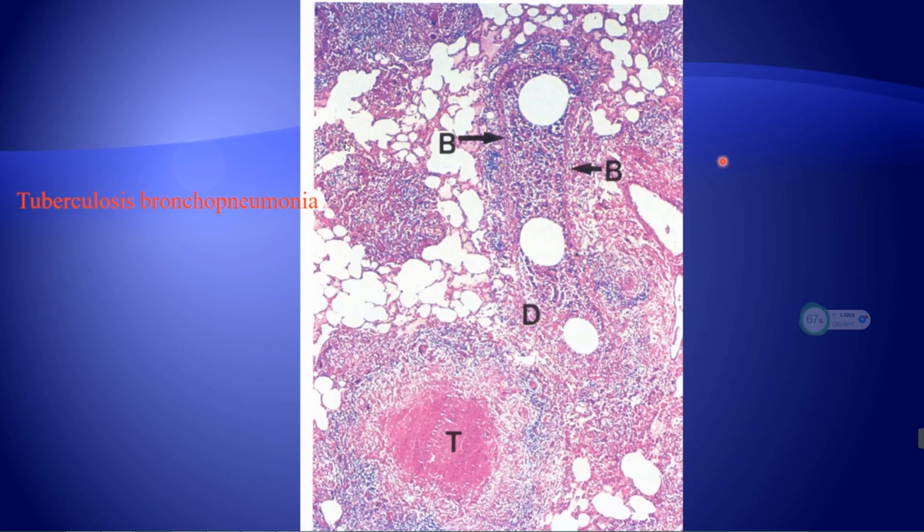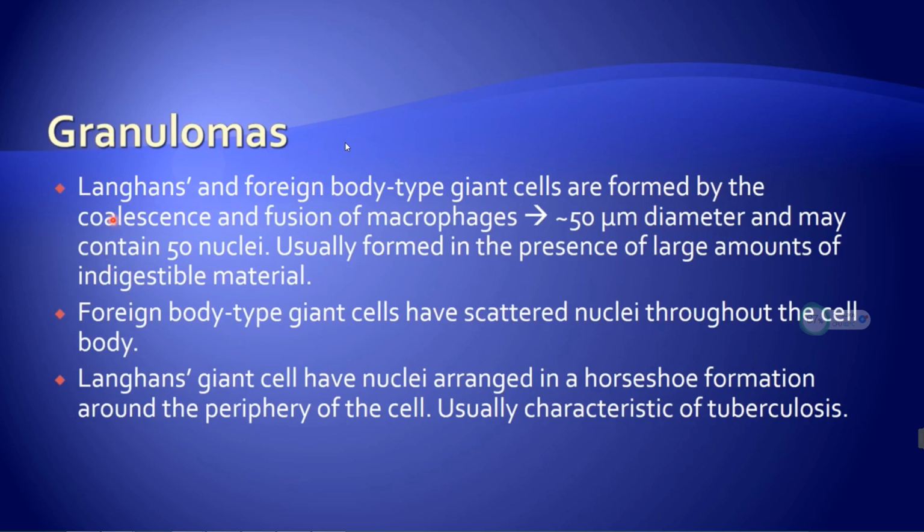But I just want to show you a tubercle here, and we'll get more information about tubercles in a minute. There are very special features found within these tubercles, so let's show you some right now. In terms of other features, macrophages have an uncanny ability to fuse with other macrophages, and they form what we call giant cells.